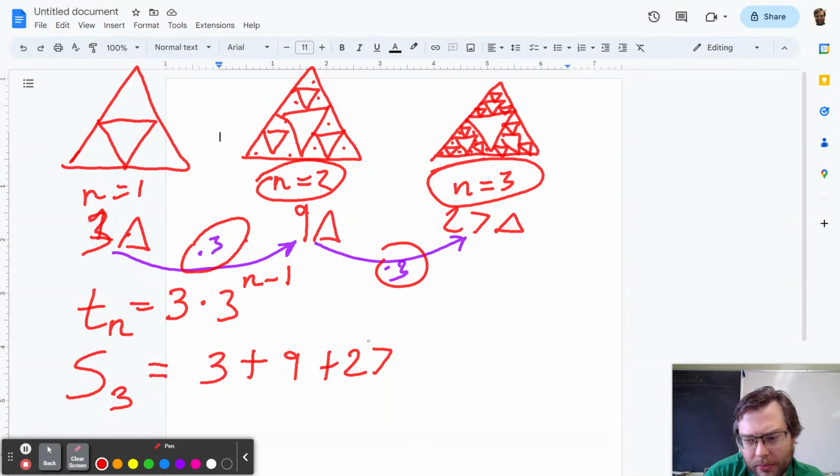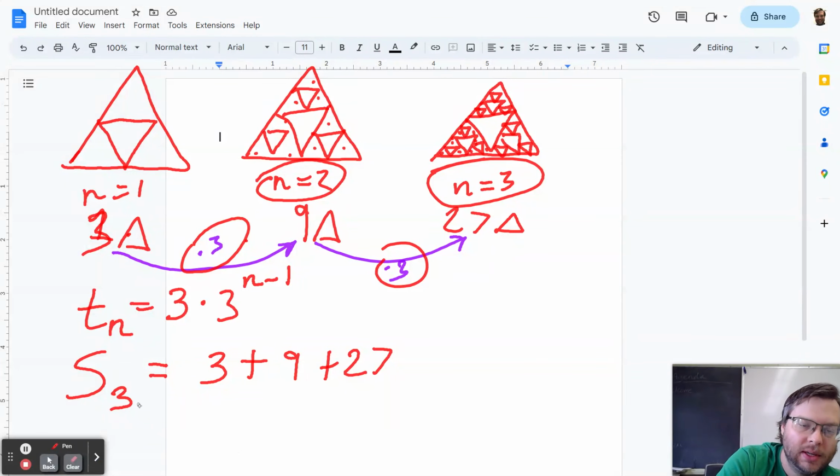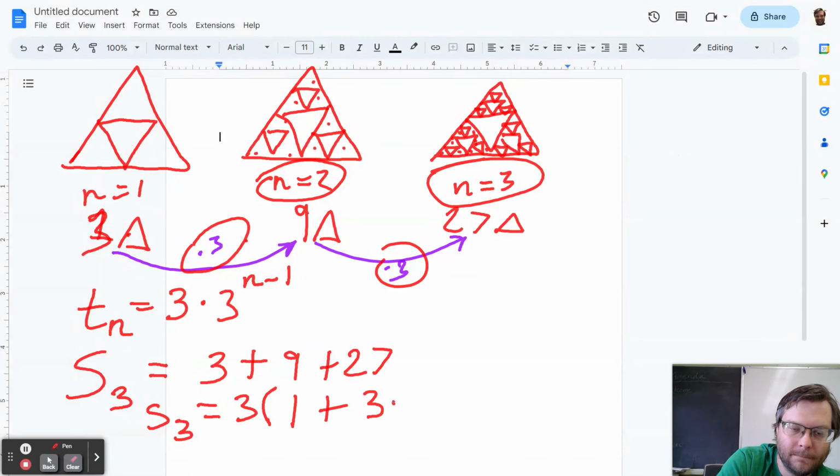Of course, you can go through and just add that up directly, but if I wanted to do, say, the sum of the first 50 terms, that strategy of adding them all up would no longer be super efficient. So what I want you to notice is that each of these terms has a 3 in common.